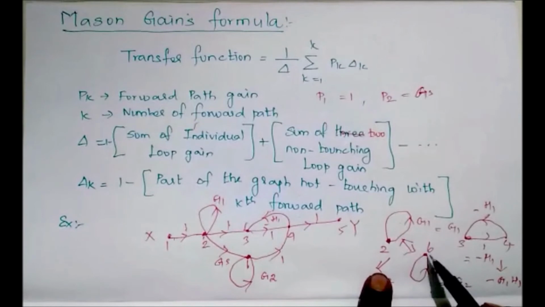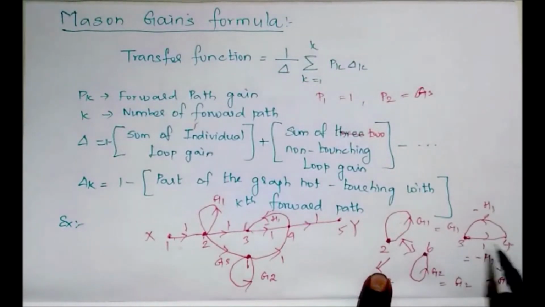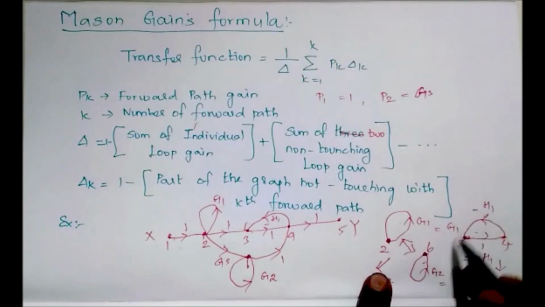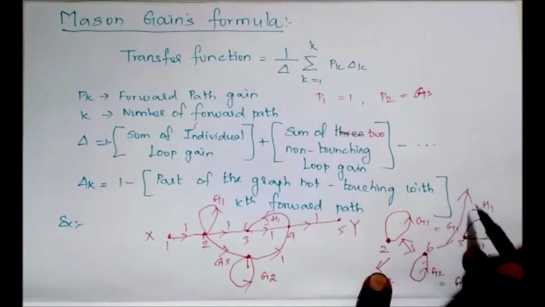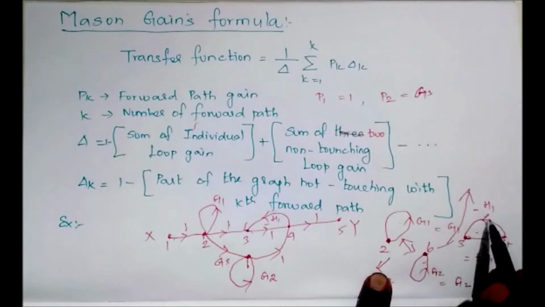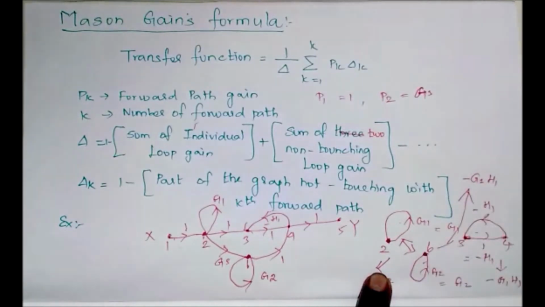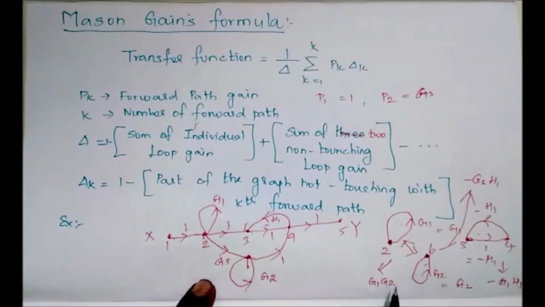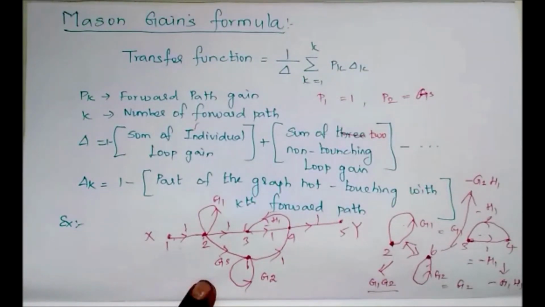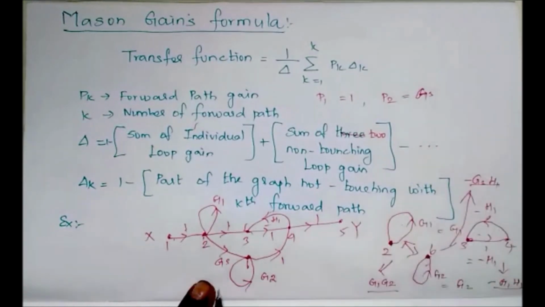Next, this is involving only the sixth node and this is involving 3 and 4. Therefore these two are not touching. So its gain is g2 into minus h1, therefore minus g2 into h1. So now we have the first, second and third non-touching loop gains.